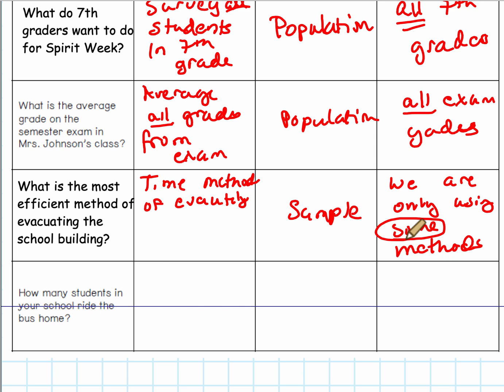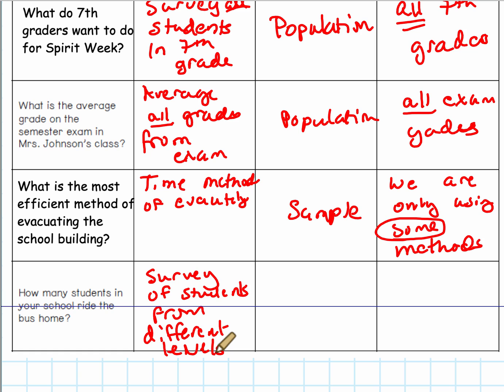Okay, so we may want to go ahead and, again, do a survey of students from different grade levels. Okay, so this would have to be a sample statistic, and that's because we cannot get info from every student.